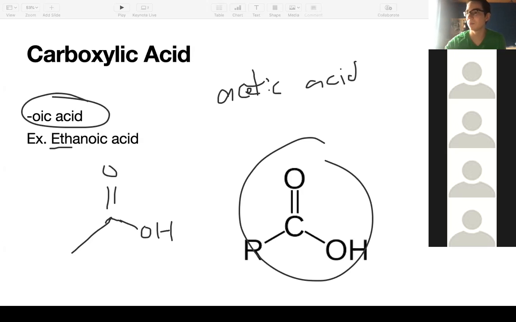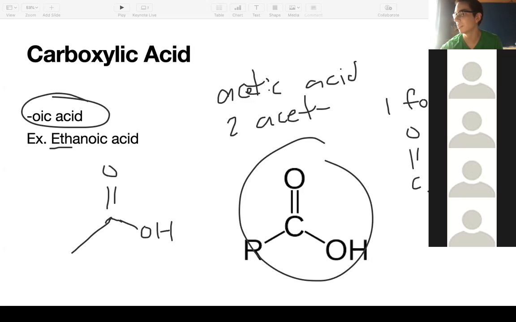So just a rule of thumb, whenever we have two carbons, it is acet something. And whenever we have one carbon, it is form something. So if we had just a carbon like this, what do you think the common name of this one would be?